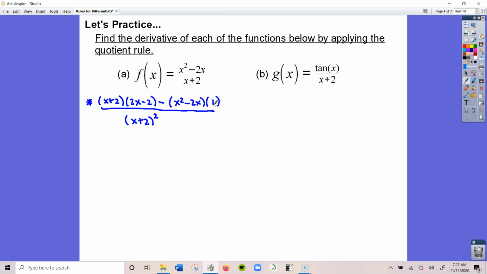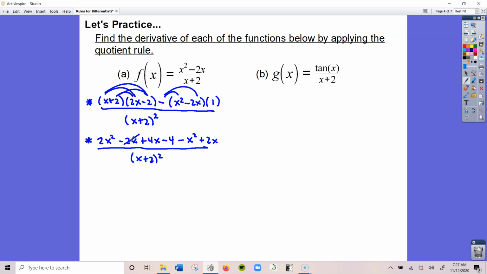So now we're going to have to distribute the numerator and combine like terms. So let's go ahead and distribute over here, which would give us 2x squared minus 2x plus 4x minus 4. Now I'm going to distribute this negative, so minus x squared plus 2x, all over x plus 2 squared.